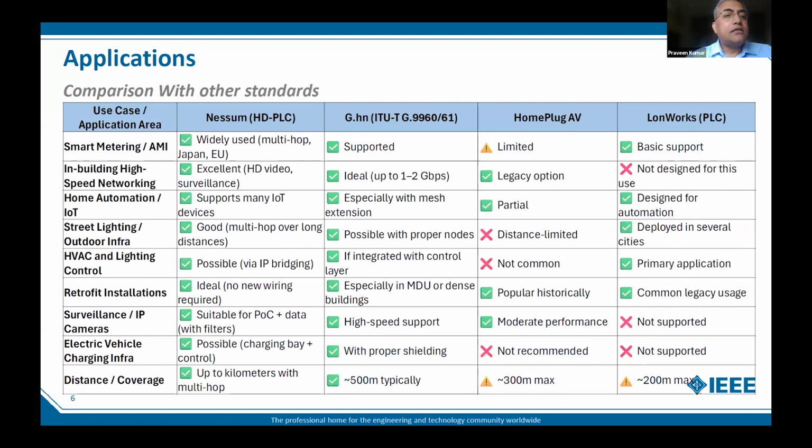So another application, like smart home, was already discussed. Nessum has already proven its capability in Japan and Europe. Then in building high speed networks, it has multiple channels. 31.25 can be divided into four.